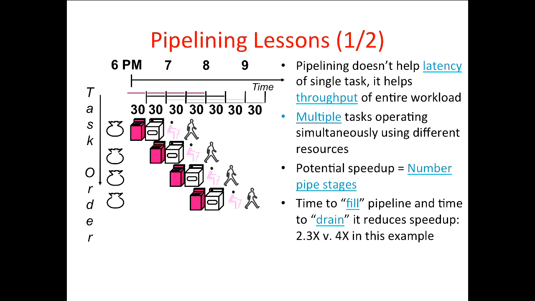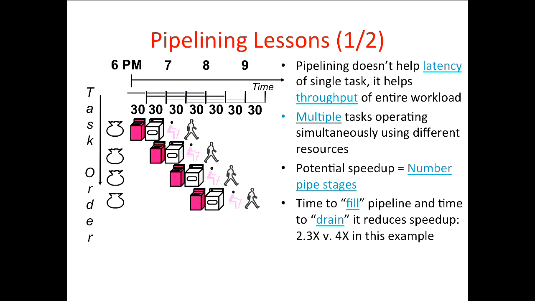All that you've improved is the throughput, which is how many loads of laundry you can do per unit time. Another important thing is, what's the maximum speedup you can get by doing this pipelining? What's the biggest improvement over sequential? The answer is the number of different stages. If I have 4 different stages in the process, at best I can overlap 4 things at the same time.